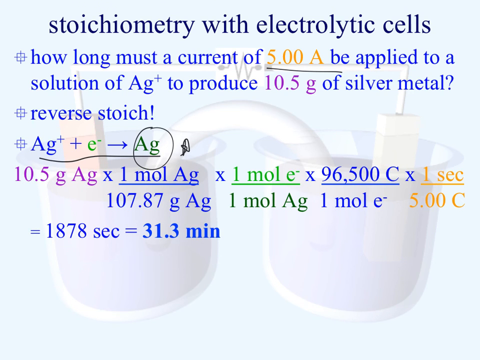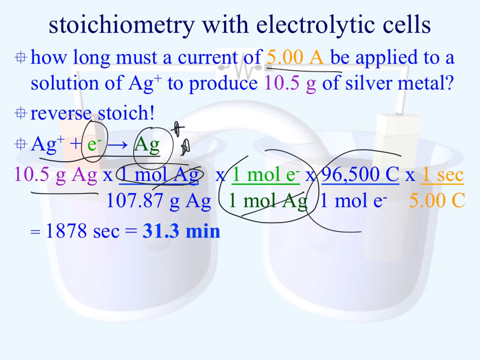So what are we going to do? First of all, we start with our quantity of the silver metal that we want to produce. We convert into moles of Ag using our molar mass. We then use the mole ratio between the electrons and our plated solid, which allows us to go from moles of Ag into moles of electrons.